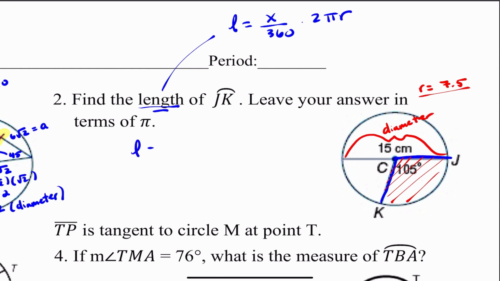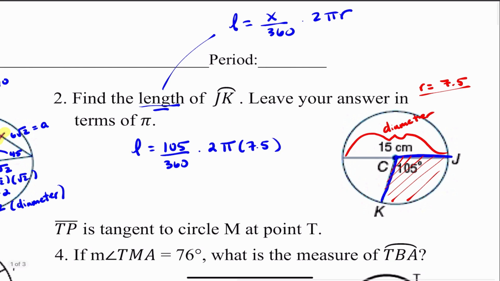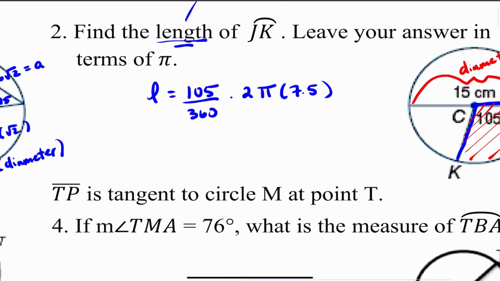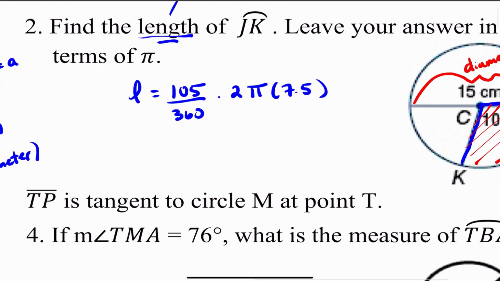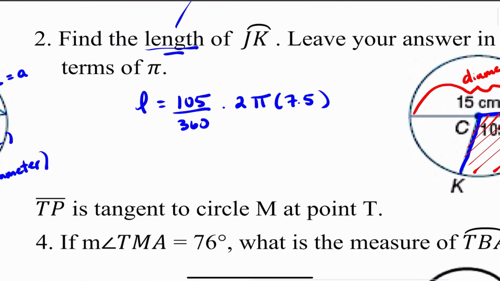So I have L equals 105 divided by 360 times 2 pi 7.5. And then what I'm going to do is, oh, well that's great, because look, I'm going to multiply the 7.5 times 2, which is 15.